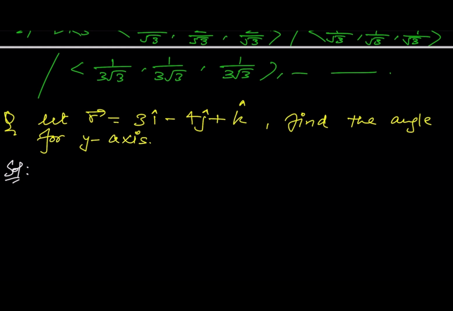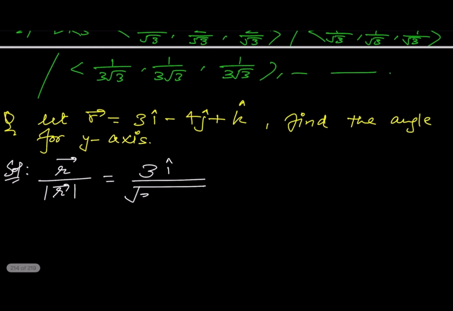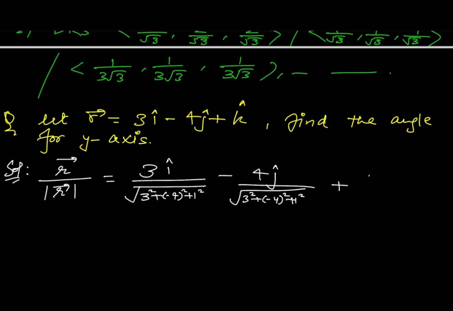So r vector upon mod of r vector is 3i upon root over, mod of r vector is nothing but 3 square plus minus 4 square plus 1 square, minus 4j on root over 3 square plus minus 4 square plus 1 square, plus k cap on root over 3 square plus minus 4 square plus 1 square.